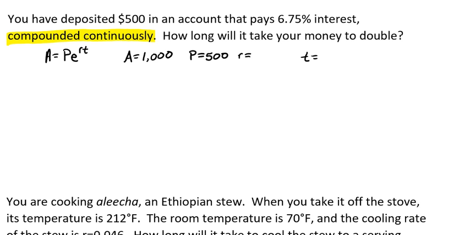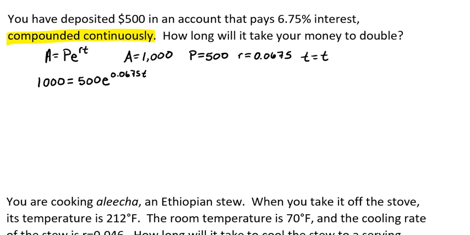We have a rate of 6.75%, but as a decimal, that's written as 0.0675. And the question is, how long will it take? And so our t value is what we are looking for here. So if we take our pieces and plug them into the equation, that gives us 1,000 equals 500 e raised to the 0.0675t.